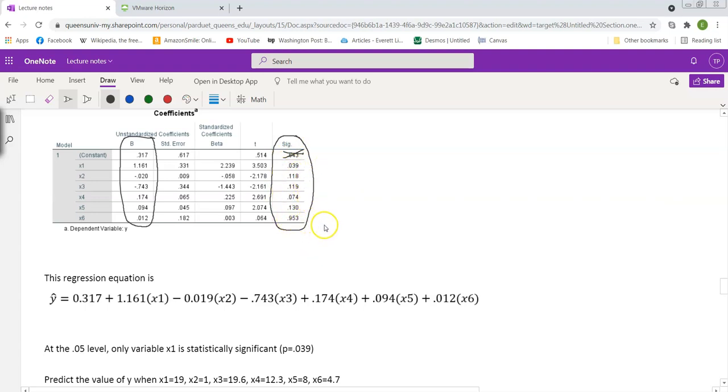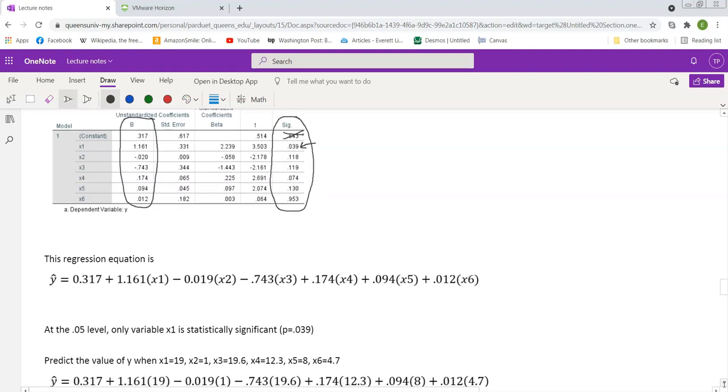So if we use the 0.05 as our cutoff, then only this one is significant. All right. So according to what we have here, x1 is the only one that we would keep in the model. It's going to be a lot more complicated than that. That's what we're going to do in 2 class periods from now. But that's a start.